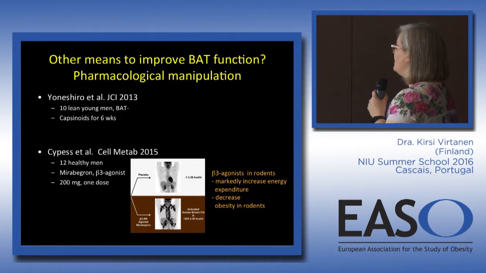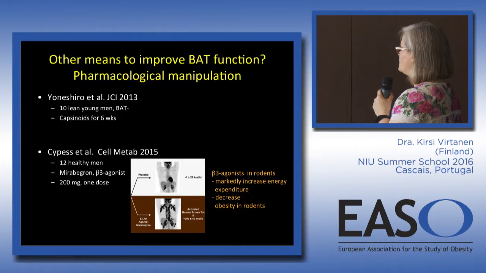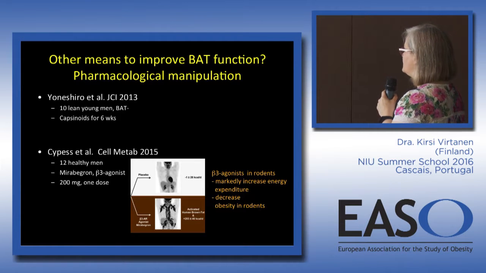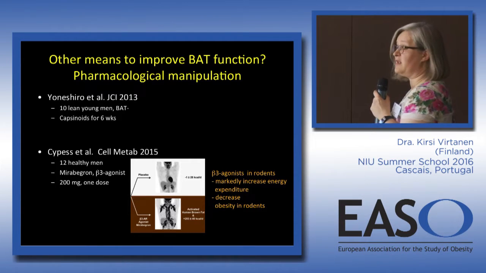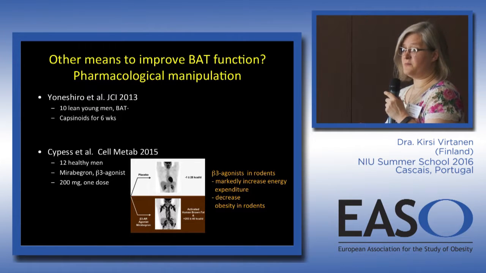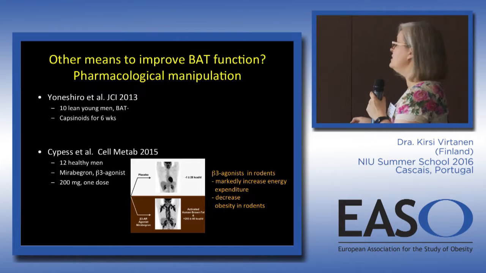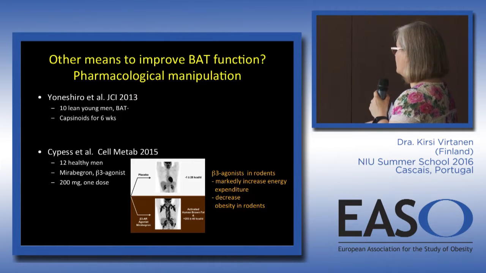With one 200 milligram dose, lean males were able to increase their energy expenditure by 200 calories per day, which is significant. More studies are coming around this, and I'm sure that a number of groups are working on this at the moment.